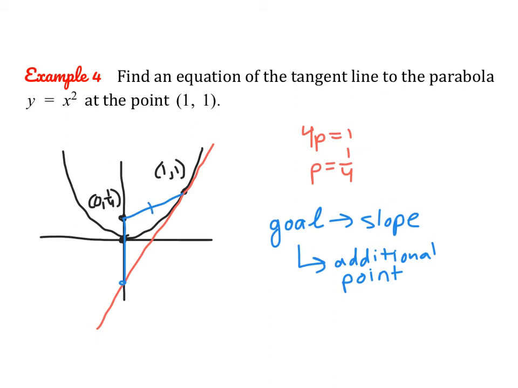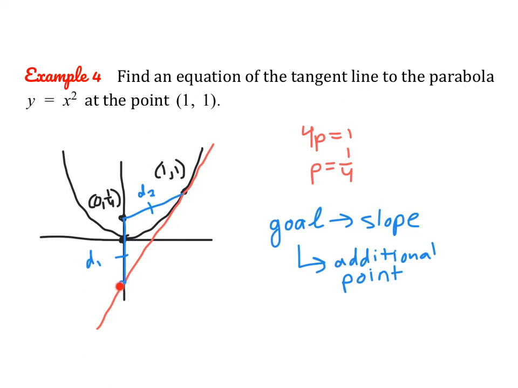So we know that these two distances are going to be equal. I'm going to call this D1 and I'm going to call this D2. So if we can use this property, perhaps we can find this point, allowing us to find the slope, allowing us to create the equation.